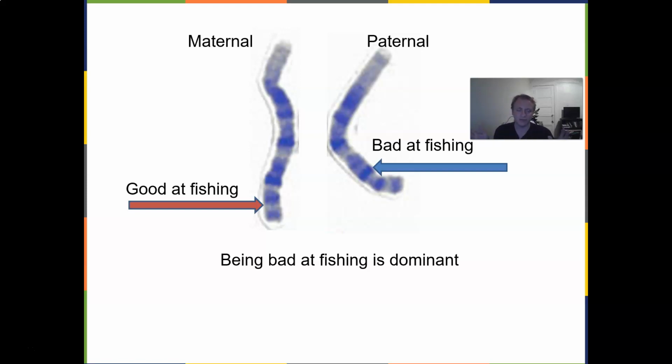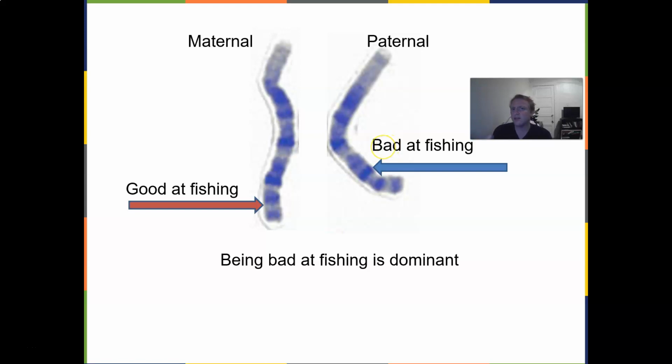There is no one gene for fishing. But for this contrived example, being bad at fishing is dominant. So I have an allele that says I'm bad at fishing, so I am bad at fishing. It doesn't matter that I have this allele over here because this particular allele is dominant.